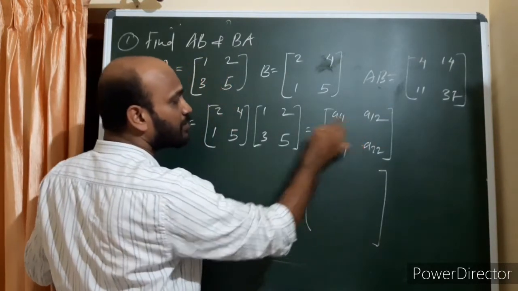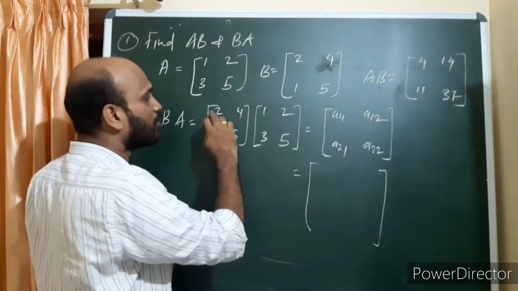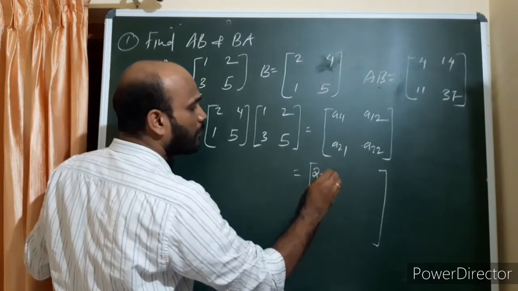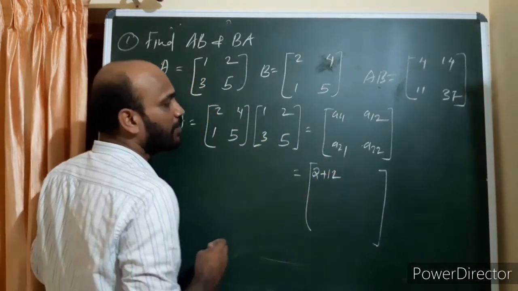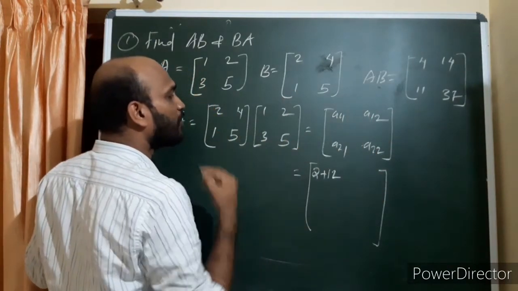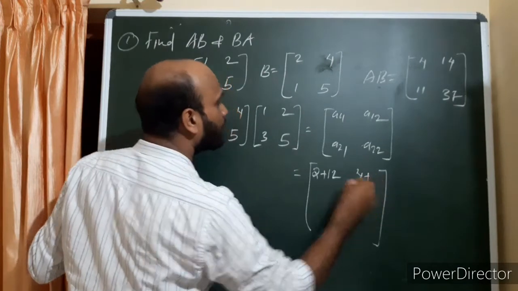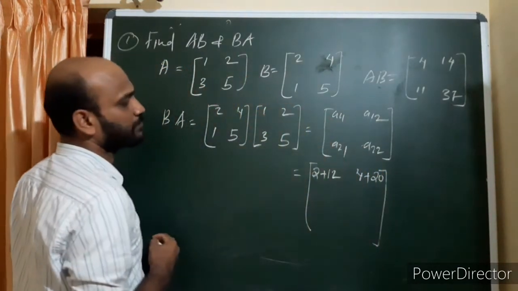So A11 means first row, first column. You have to multiply corresponding elements. So 2 into 1, 2 plus 4 into 3, that is 12. Okay. Now A12 means first row and second column. 2 into 2, 4 plus 4 into 5, 20 you will get. Right.